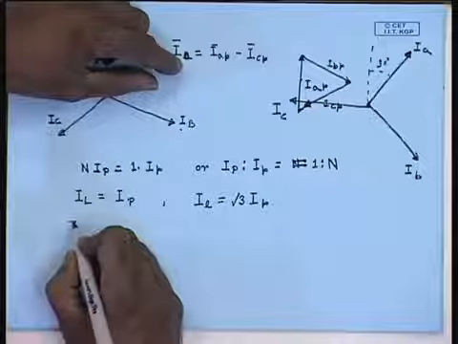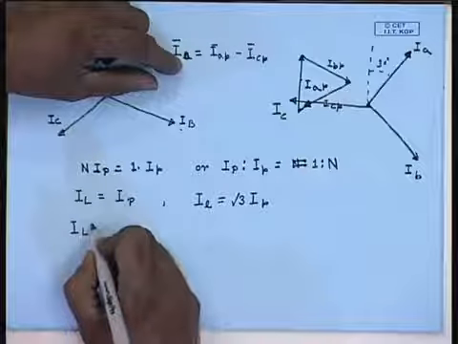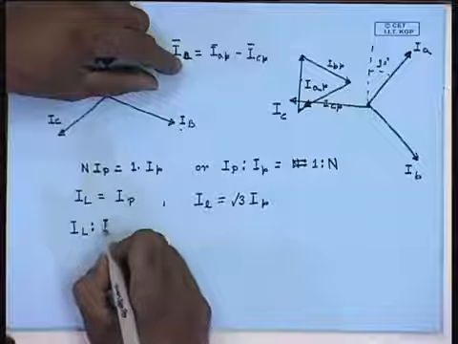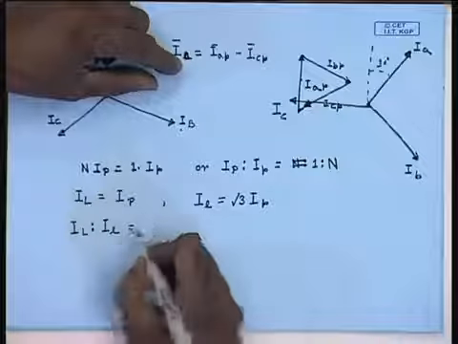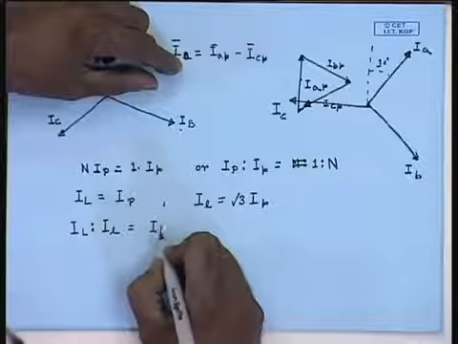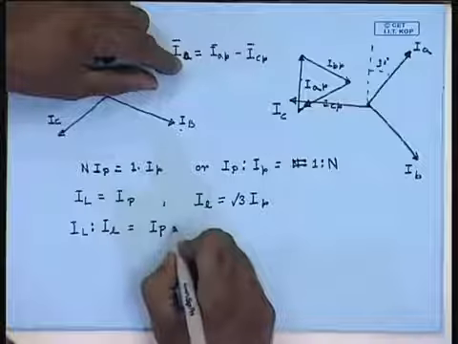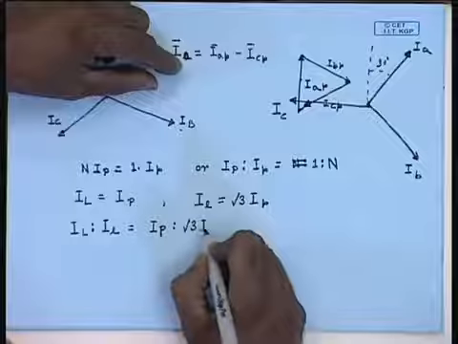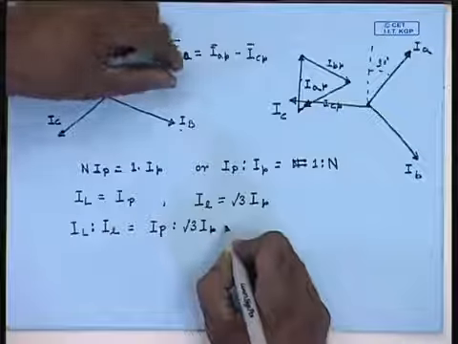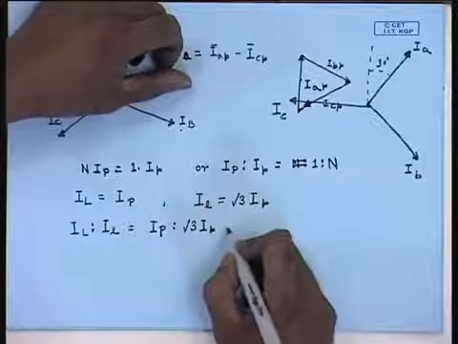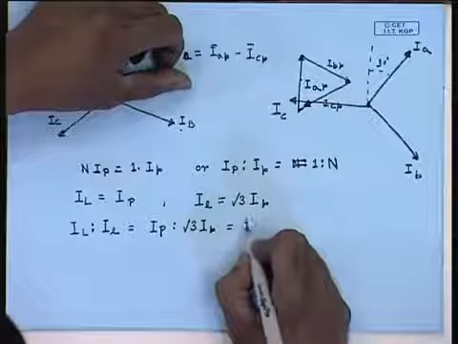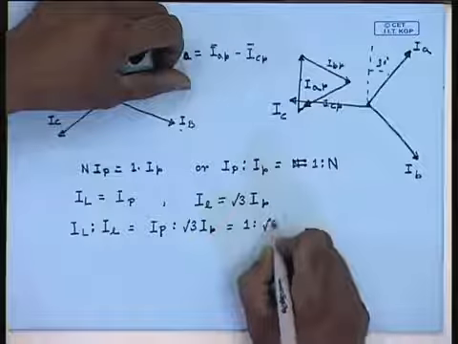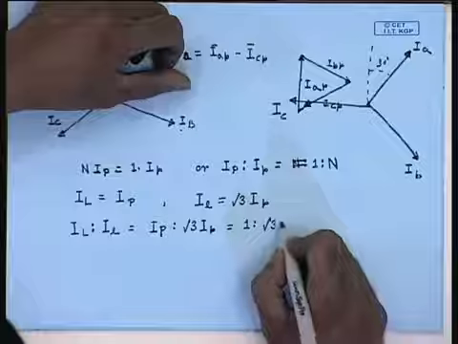Therefore, I L is to I l equal to I P is to root 3 I small p, and that is equal to 1 is to root 3 n.